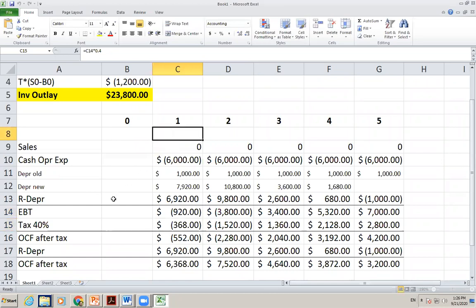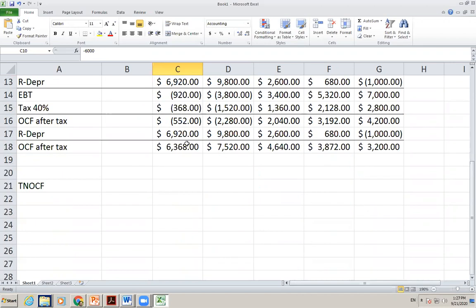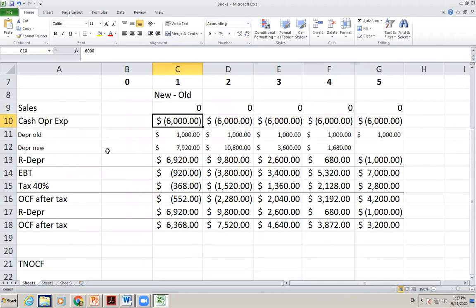So the logic here is new minus old. Okay? And it is the same for all: for EBT, sorry, for cash operating expenses, for sales, and for depreciation.